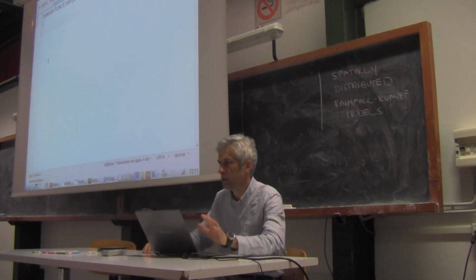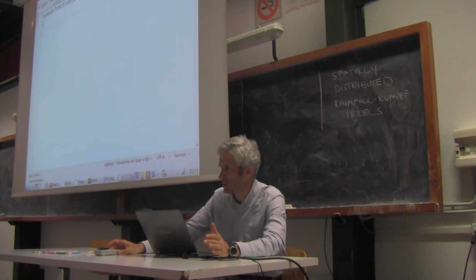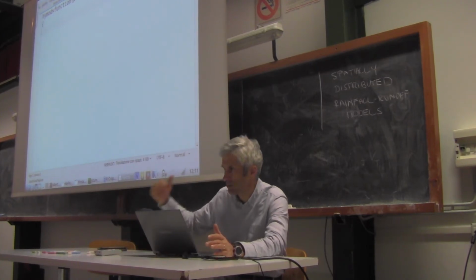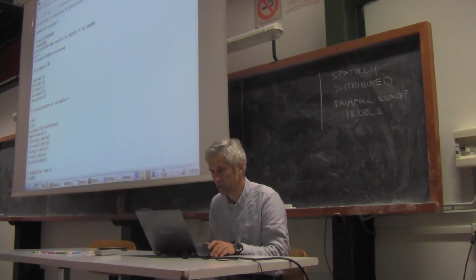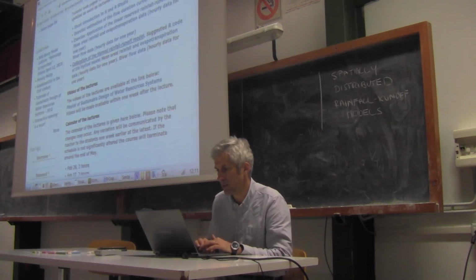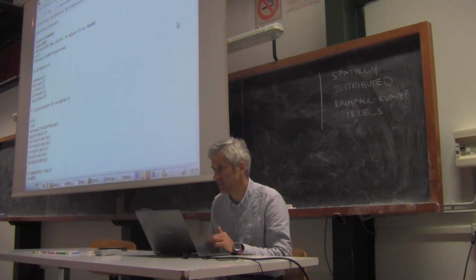Okay. Now, what I suggest to move forward is to open a window with the code that you can see on my website. If you go to my web page and you click on suggested R code, you get this suggested code.